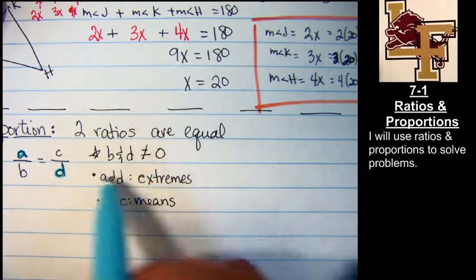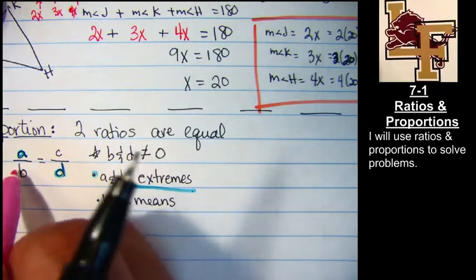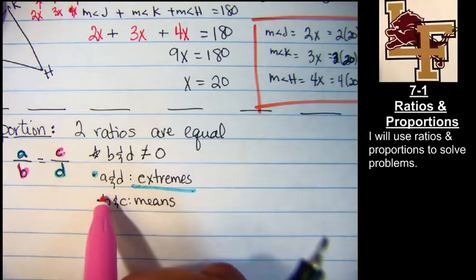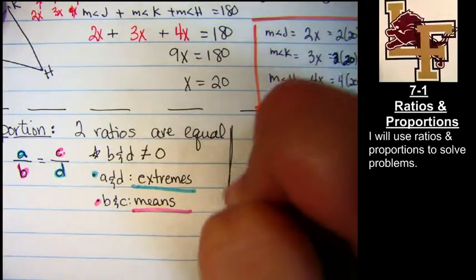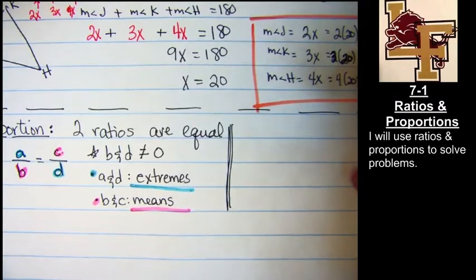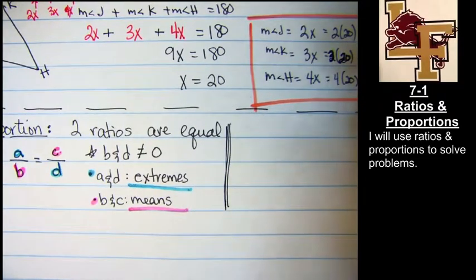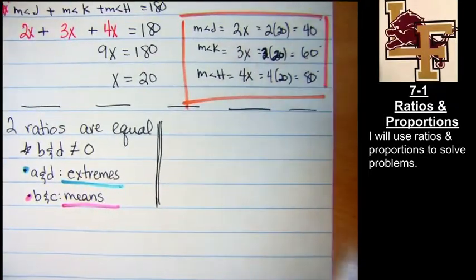I'll just add a bit of color. Now the question comes up, how do I handle proportions? What do I do to solve them? Well, you've handled this a lot before. You guys are actually really good at it. We've done it a couple times in this course already.